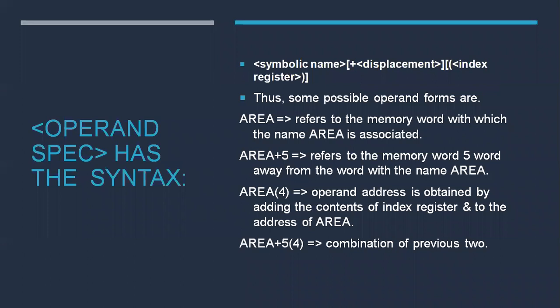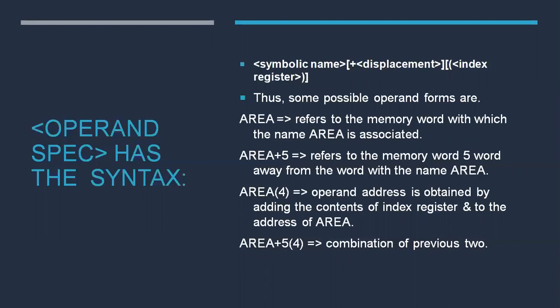Now what is an operand specification? An operand specification has the syntax of a symbolic name, followed by a displacement if any. Let us see. The symbolic name is the operand specification. After that the displacement is optional. The displacement can be area plus 5, area into bracket 4, or area plus 5 into bracket 4.